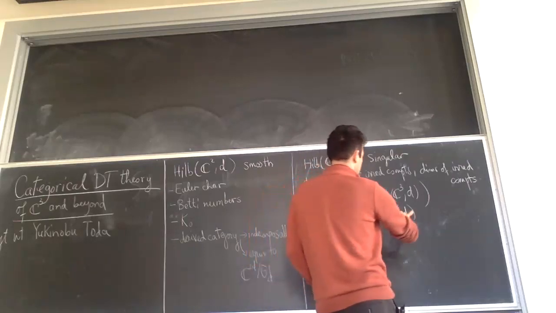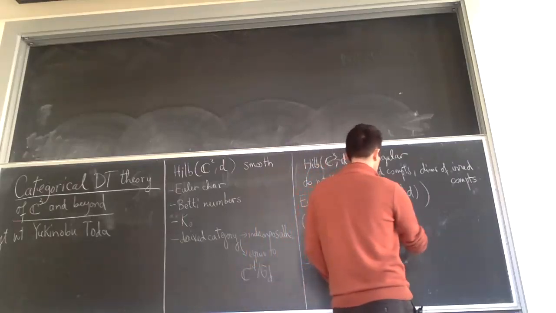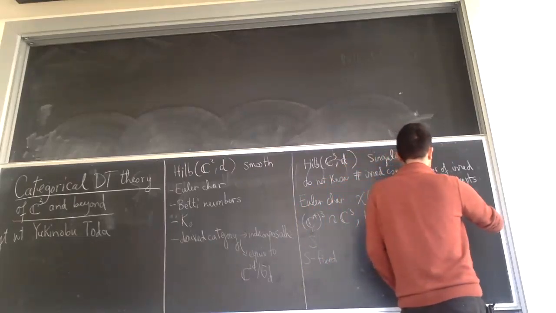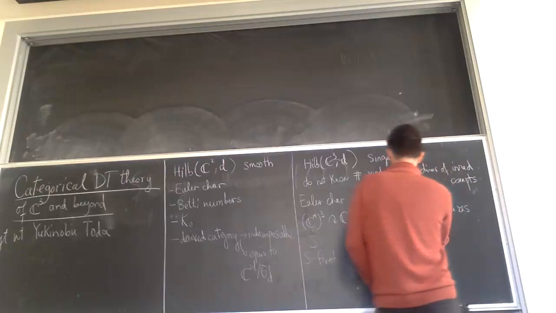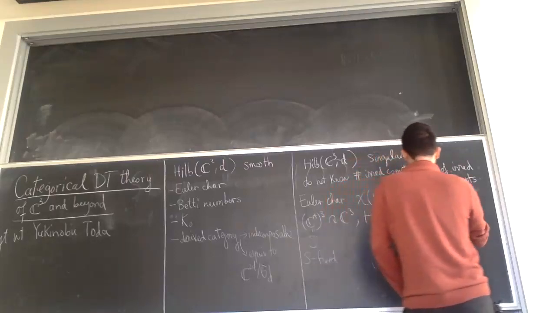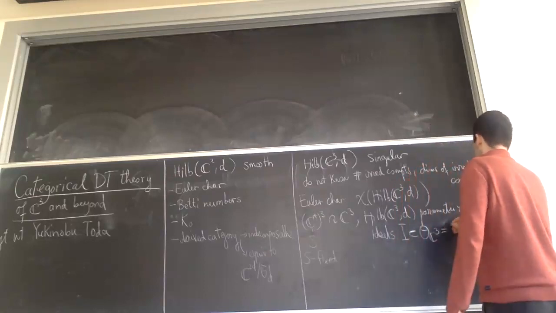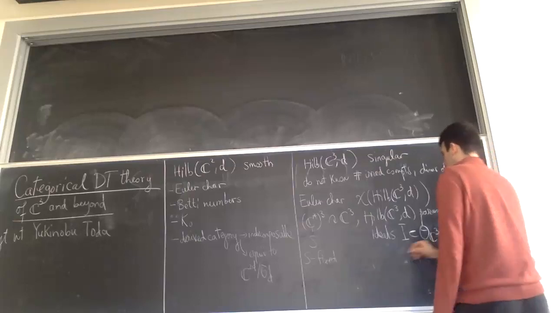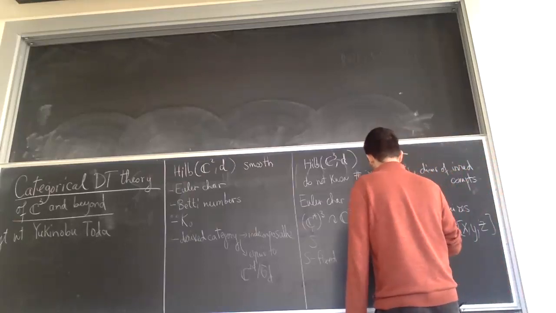So this Hilbert scheme of d points on C3 parametrizes ideals I inside the structure sheaf of C3, so in the polynomial ring in 3 variables, of co-length d.